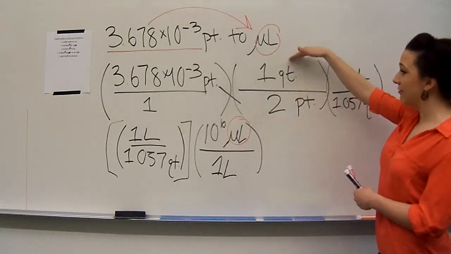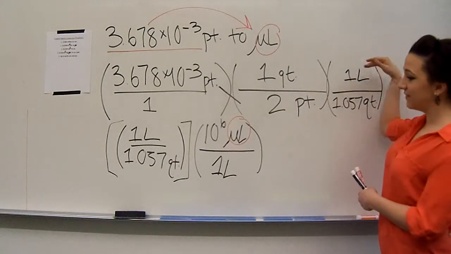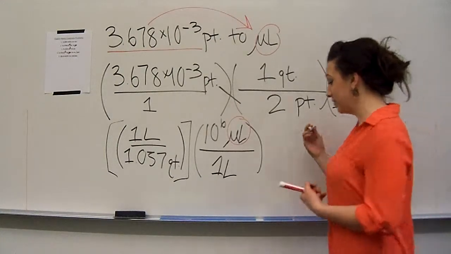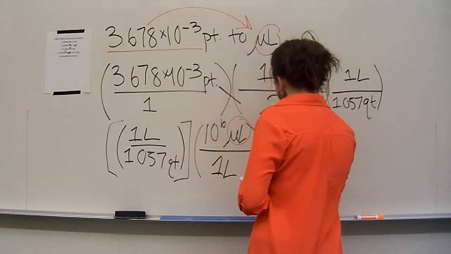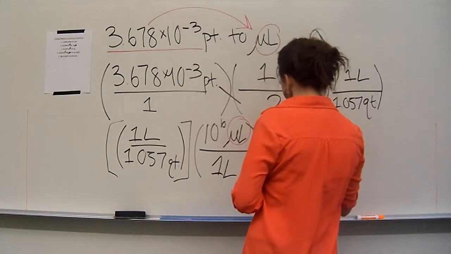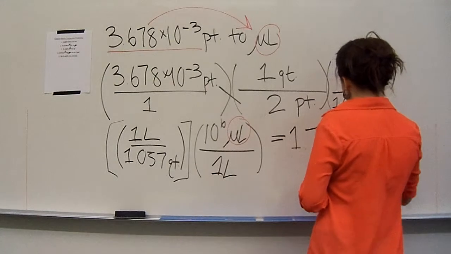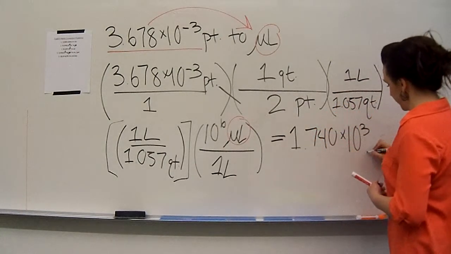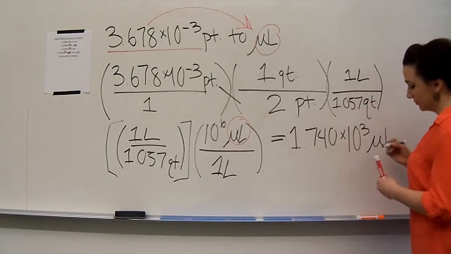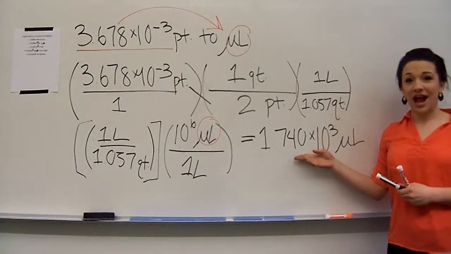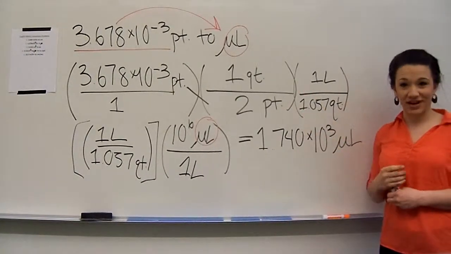You multiply everything on the top and divide it by everything on the bottom. Once you calculate that with your calculator, you should end up with 1.740 times 10 to the 3rd microliters. My answer is in scientific notation, and now I will go ahead and double check everything that I've done.